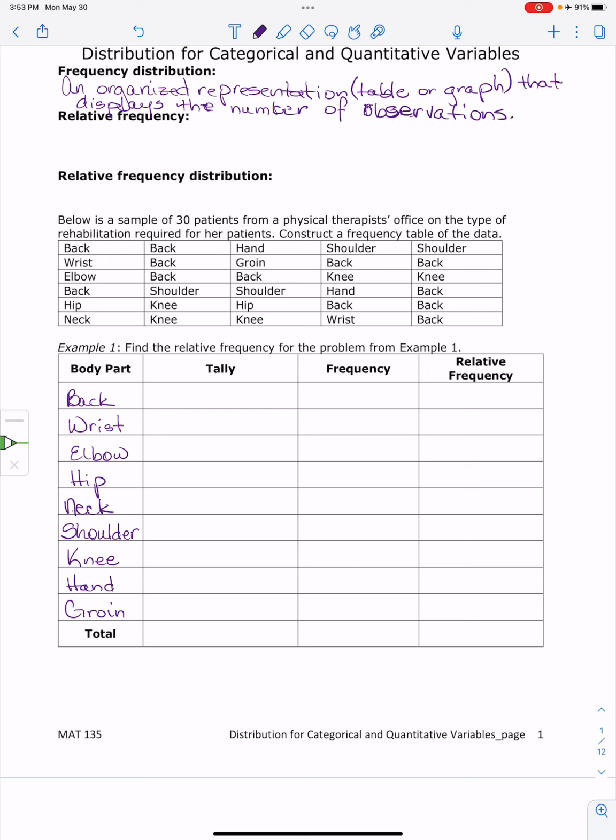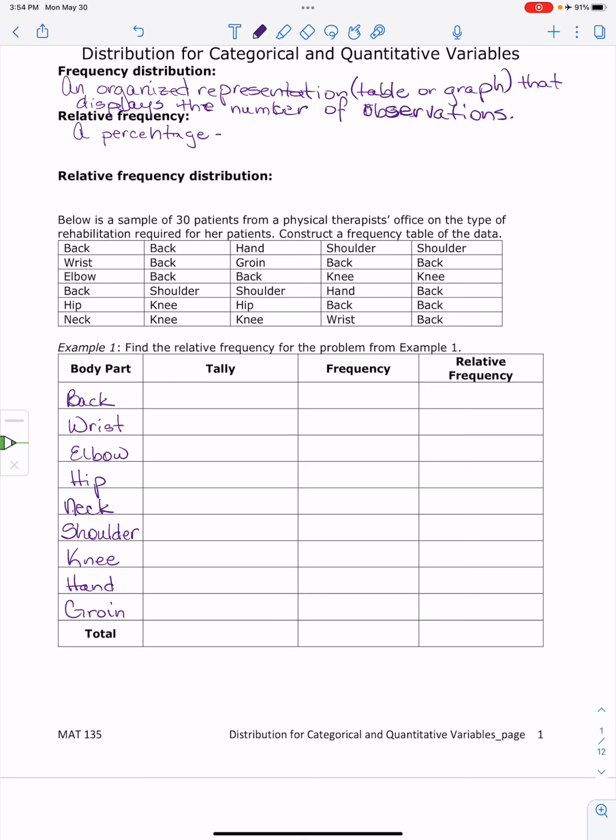And moving on, our relative frequency is a percentage that tells us how often a specific observation occurs within our total number of observations.